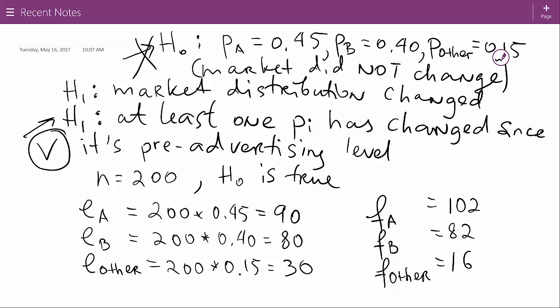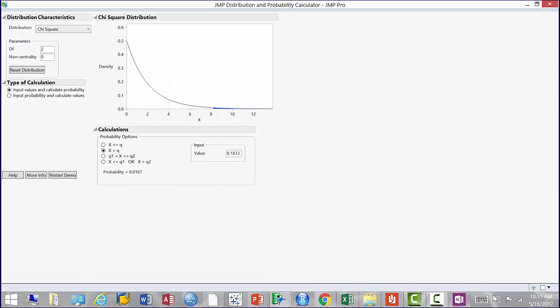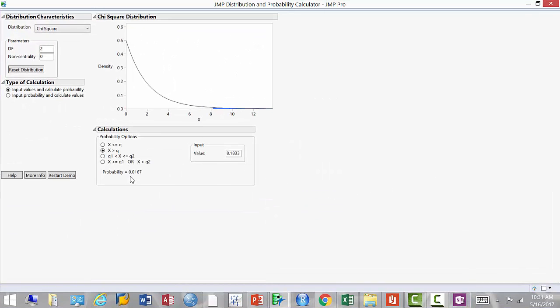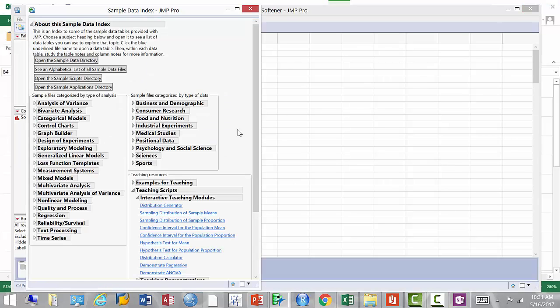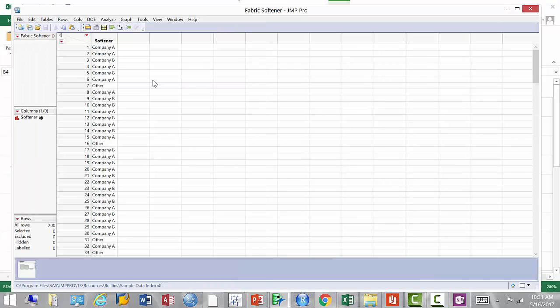All right, well, the last thing to do is to see how easy that would be in JMP, right? So remember that number, 0.0167. That's our p-value for the hypothesis test, right? So now, if I go back to my original data, here's my original data, and I believe I did actually, well, let's do it again.